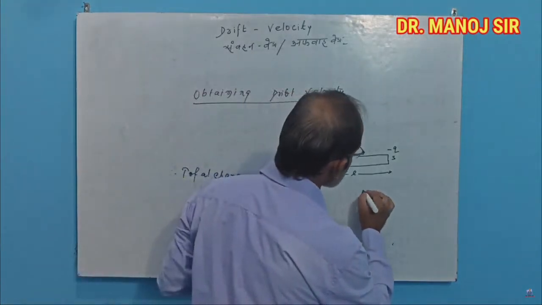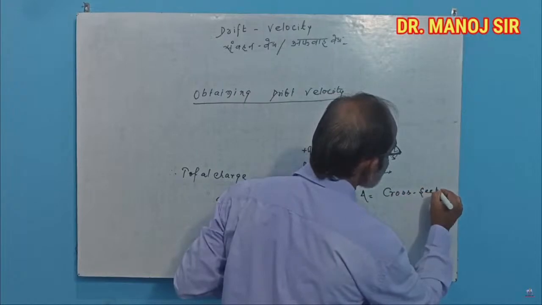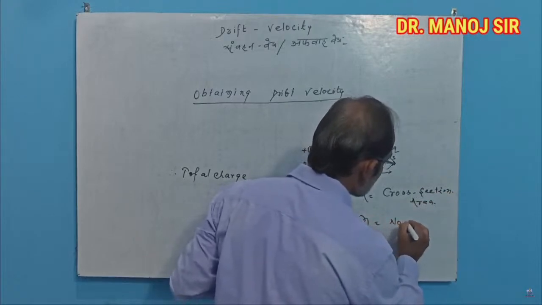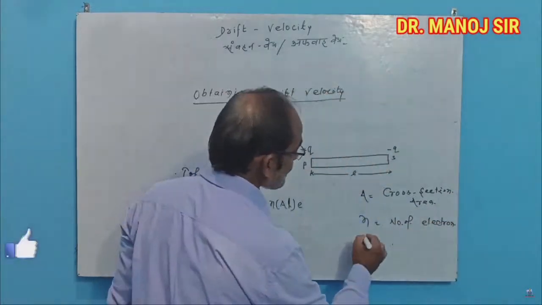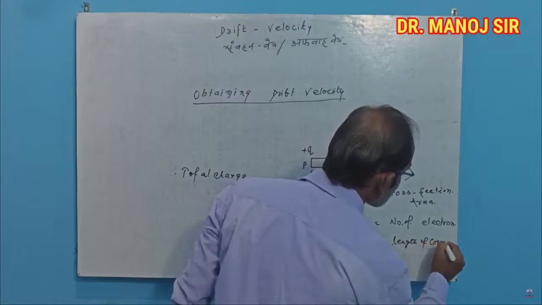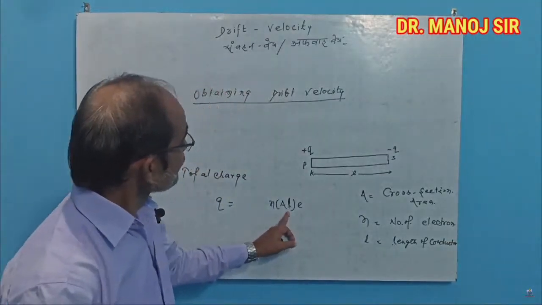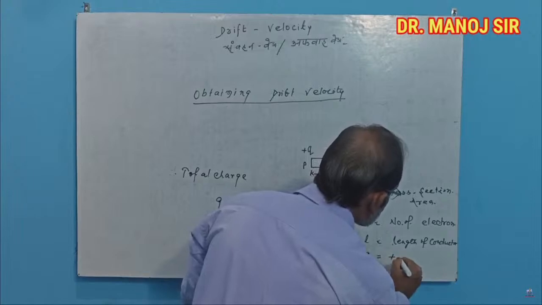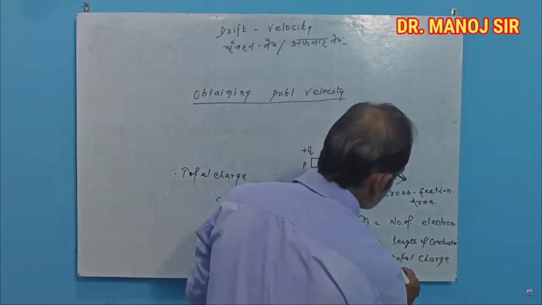Therefore, we can write cross section area A and number of electrons N, L is the length of the conductor, and Q is the total charge upon the conductor.